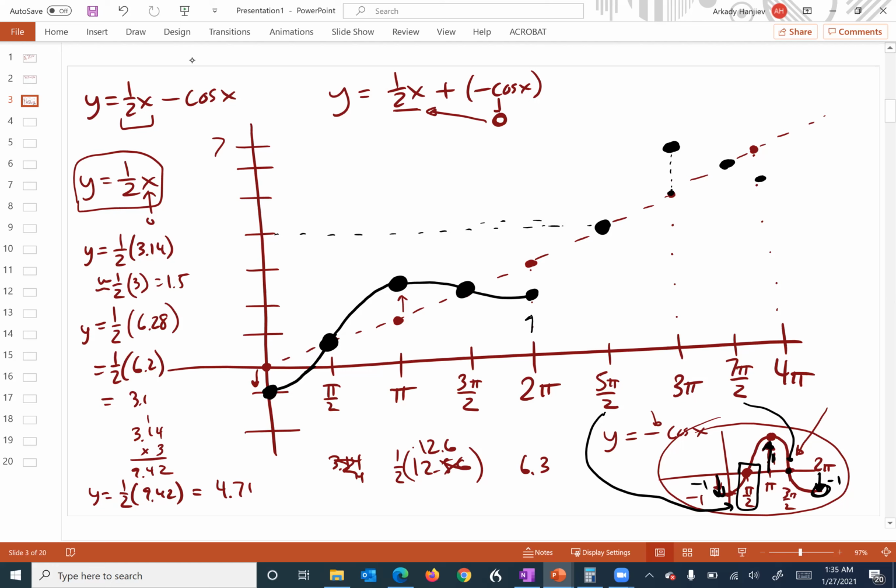Should have moved off a little bit. Okay, so let's connect these guys. So it's going to go up like this, tops off right here, comes back down, and done. Okay, so those little connection graphs that we did, the black graphs, that is it right there. That is the graph of 1/2 x minus cosine x.